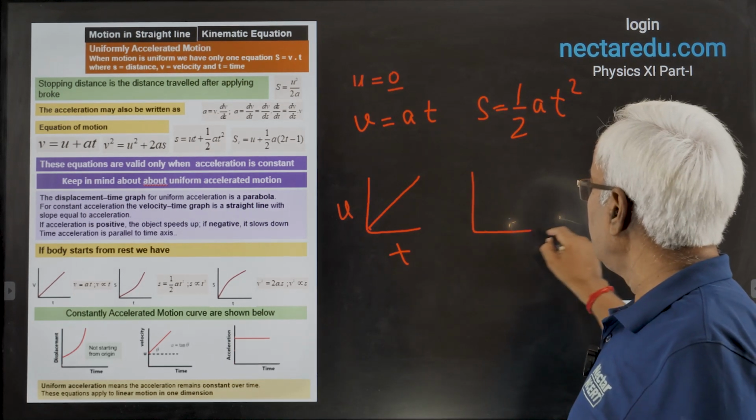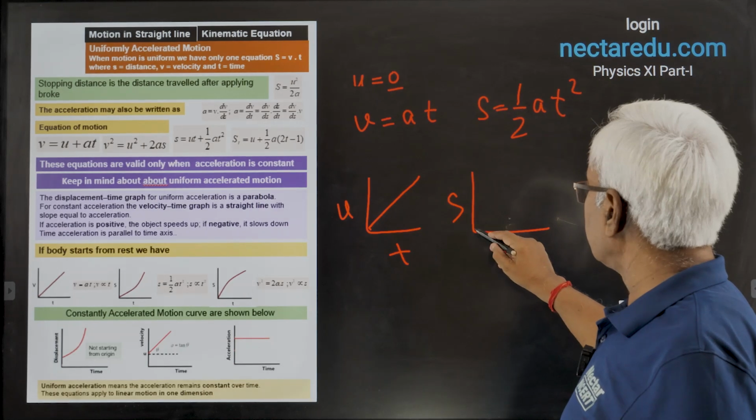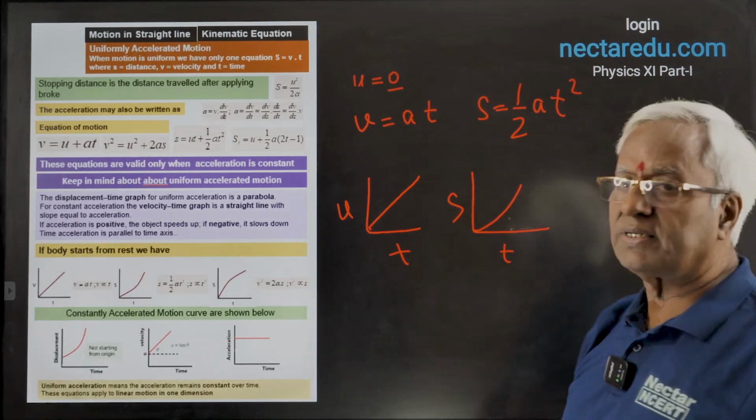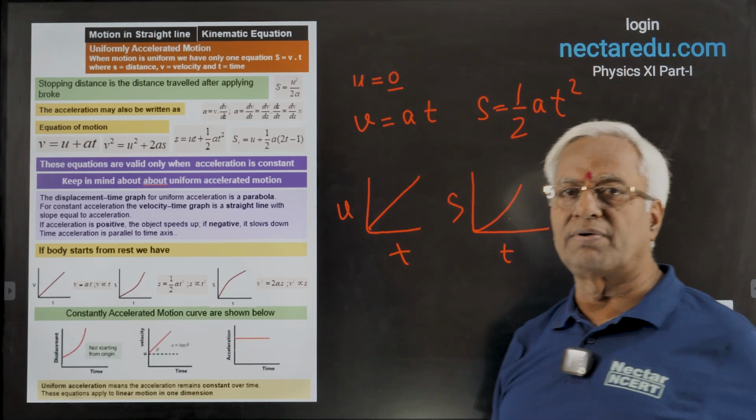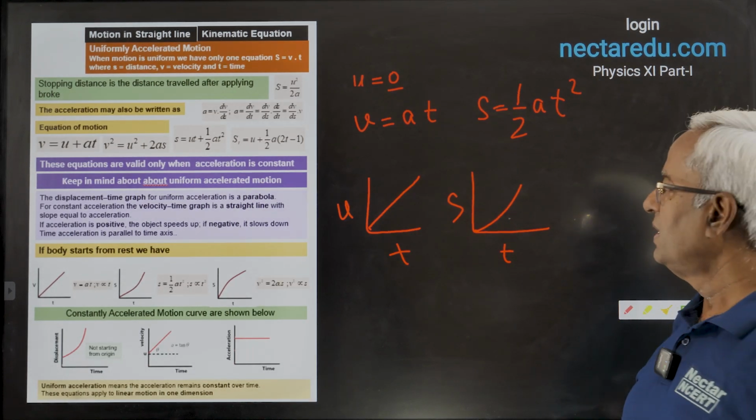This is going to be a parabolic relation. When one quantity is squared and one has a single power, it's called a parabolic relation.